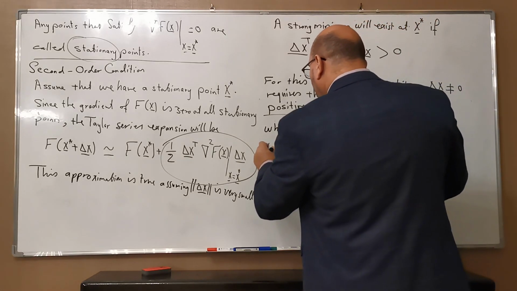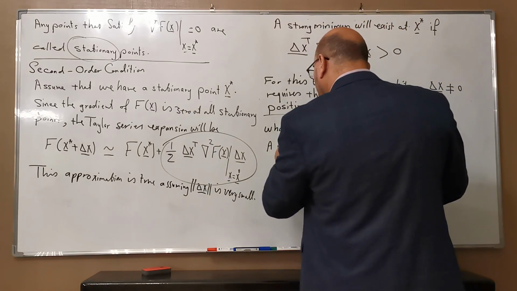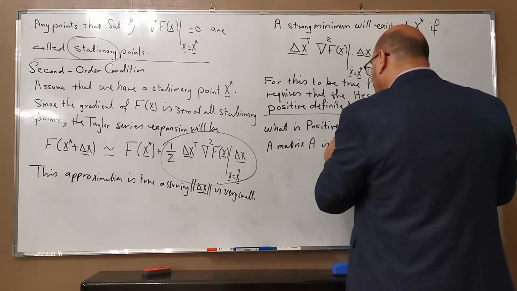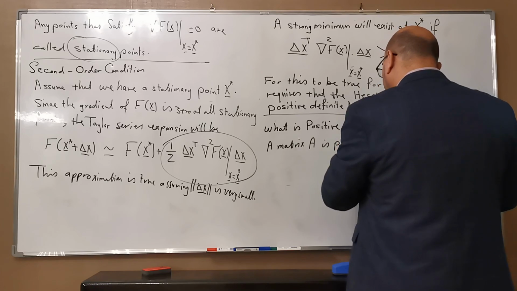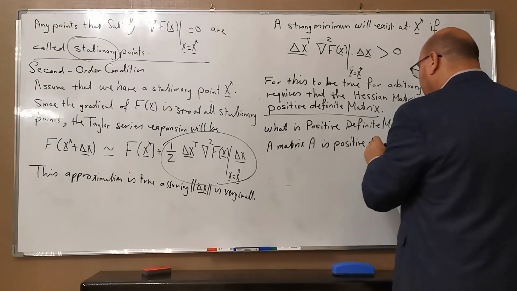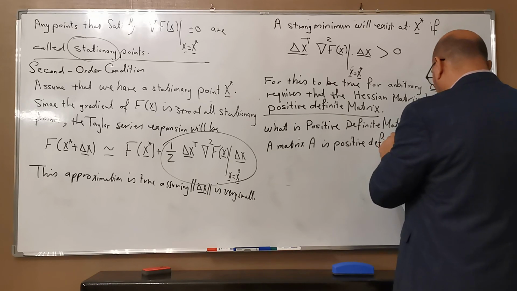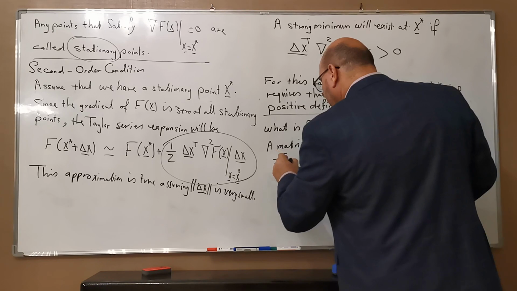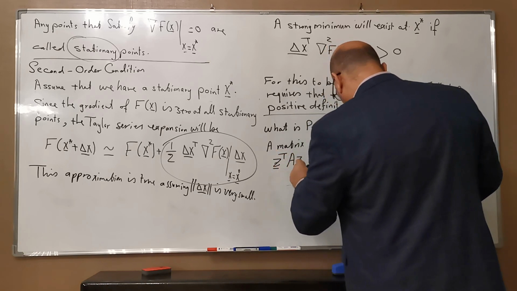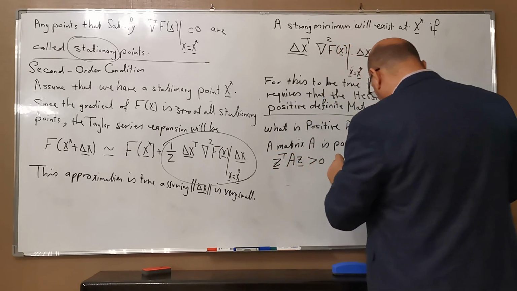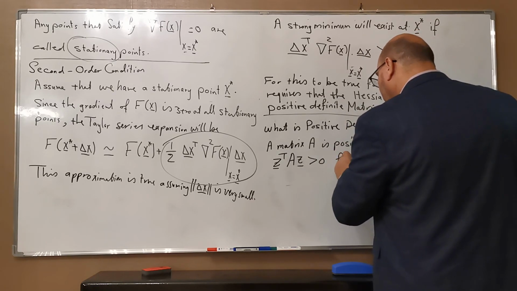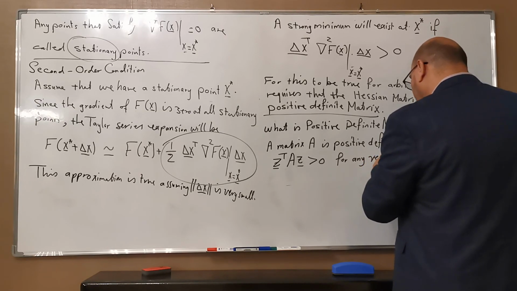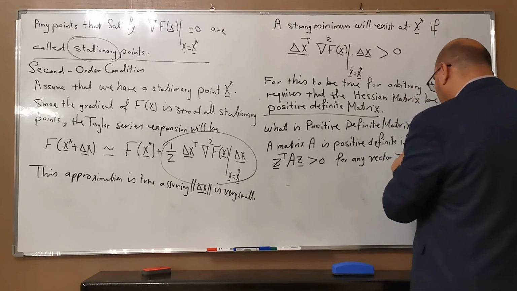As a definition, a matrix A is positive definite if Z transpose AZ is greater than 0 for any vector Z not equal to 0.